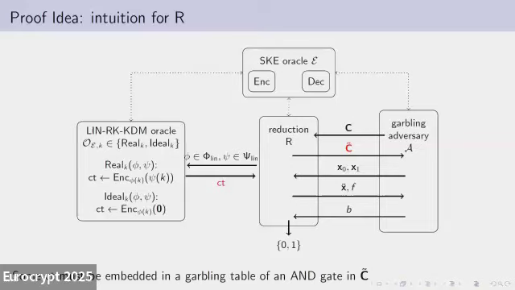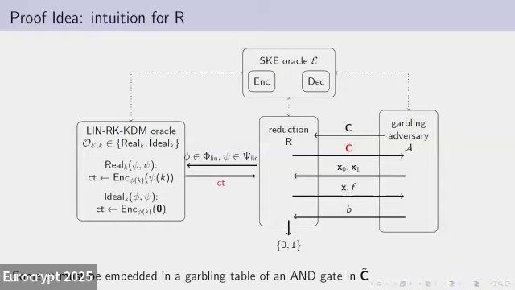So why is this adversary not useful? First of all, the reduction can have many interactions with A, but in some interaction, it has to embed a challenge, which means it has to embed a ciphertext, a LIN-RKKDM challenge ciphertext within C tilde. Furthermore, our encryption scheme is a random expanding function, which means the set of ciphertexts is sparse in the output range.